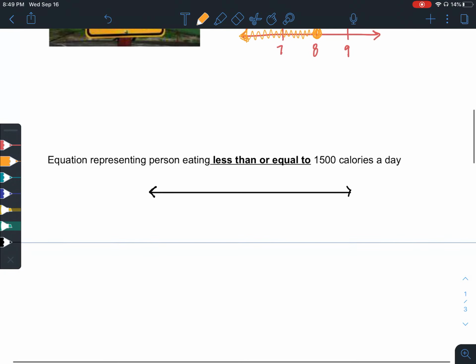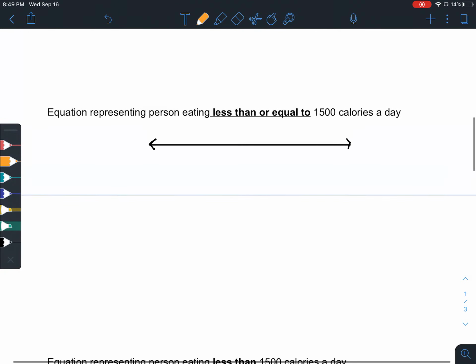Okay, next up, it says write an equation representing eating less than or equal to 1,500 calories a day. So I'm going to go ahead and label my line here. We'll say 1,500, 1,600, and 1,400 just for show.